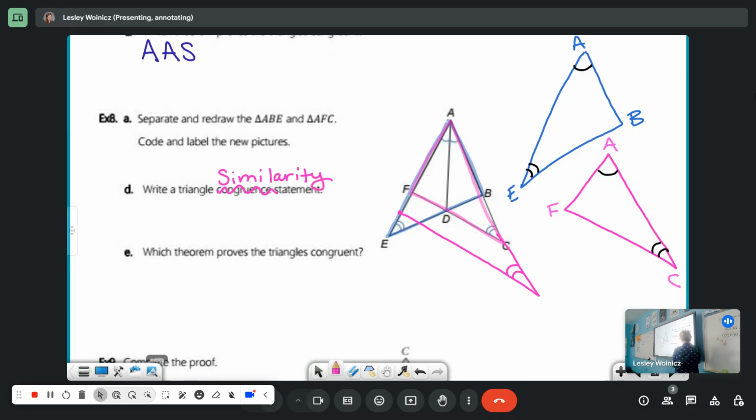All right. So we can say that triangle ABE is similar to triangle AFC. And if you couldn't tell, we're going to have a postulate called angle-angle similarity.